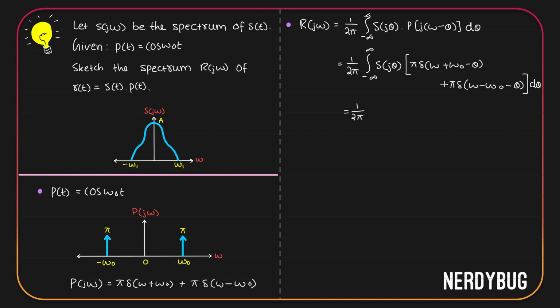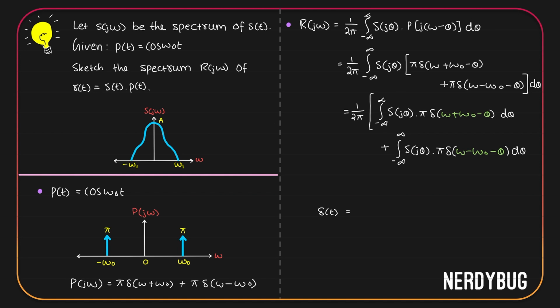So we get 1 by 2 pi. The first integration will be integral from minus infinity to infinity S of j theta pi delta of omega plus omega naught minus theta d theta plus integral from minus infinity to infinity S of j theta pi delta of omega minus omega naught minus theta d theta.